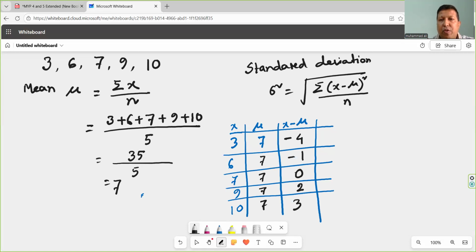So using these values, sigma equals root over summation x minus mu whole square.